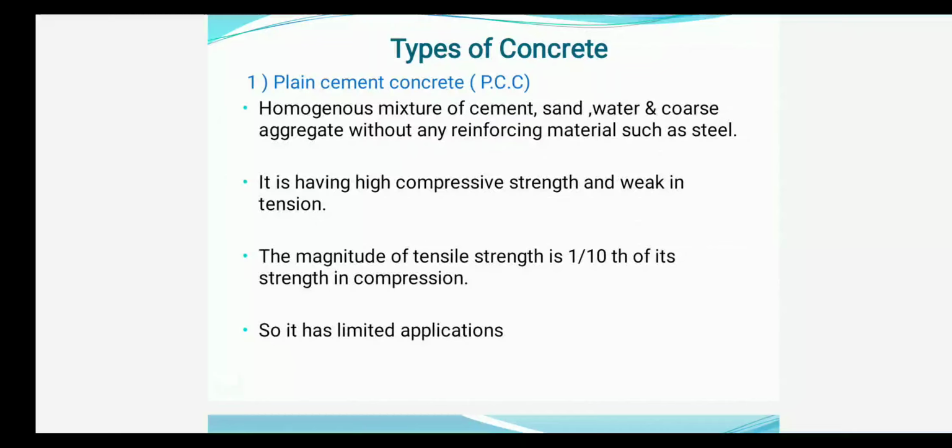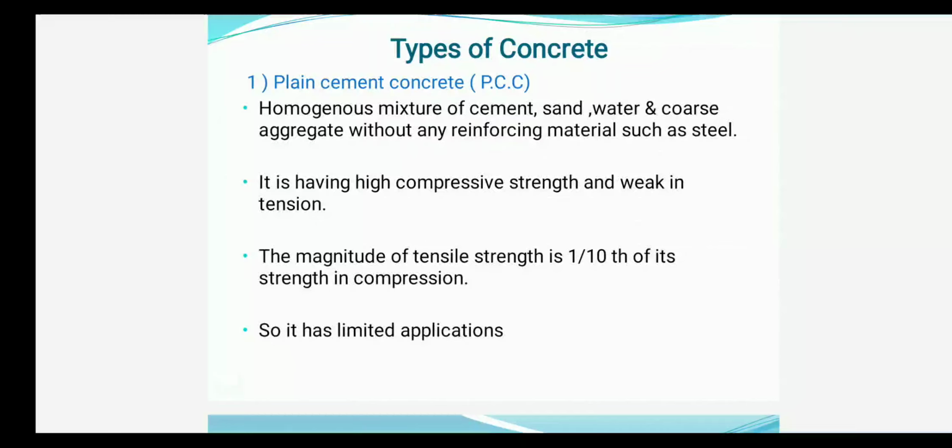Now let us discuss the first type, that is plain cement concrete. Plain cement concrete, which is commonly known as the PCC, is a homogeneous mixture of cement, sand, water, and coarse aggregate without any reinforcing material such as steel. The PCC has high compressive strength but it is weak in tension.